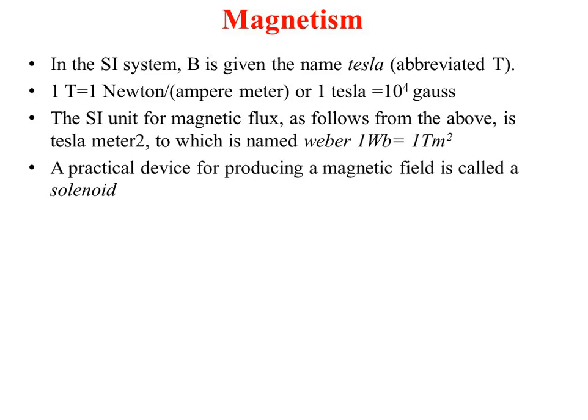There is a practical device which produces a magnetic field. It's called a solenoid. Solenoids are used in most contactors. You might think of a relay, but that is not exactly a relay, because here only a single coil is used.